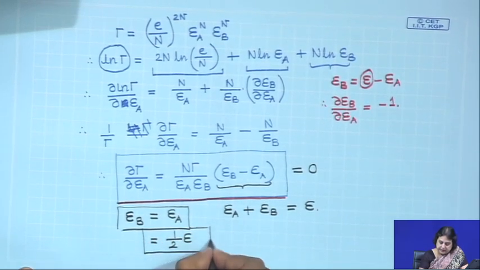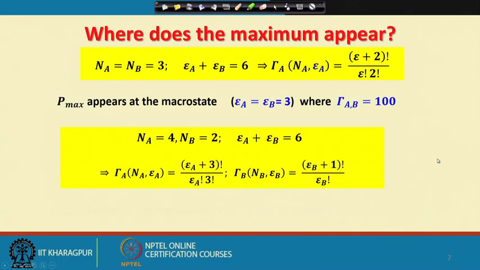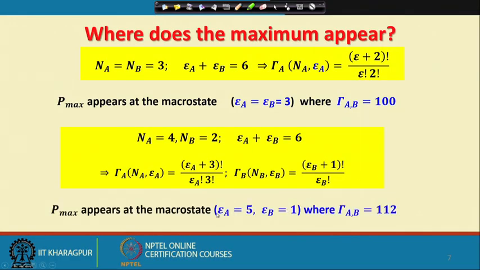Now, using this, we can go back and find out, even in the case of the asymmetric situation, what would be the position of the maximum. We have already shown that the maximum appears at epsilon a equal to 5 and epsilon b equal to 1, where gamma ab is equal to 112.